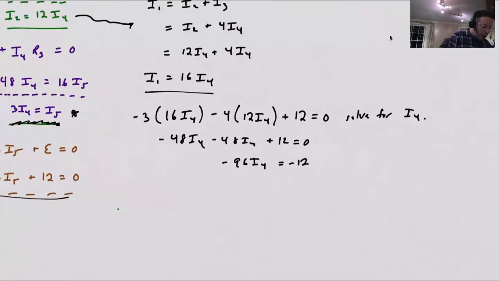And so therefore 12 divided by 96 does return us a positive current, I4 being 0.125 amps.